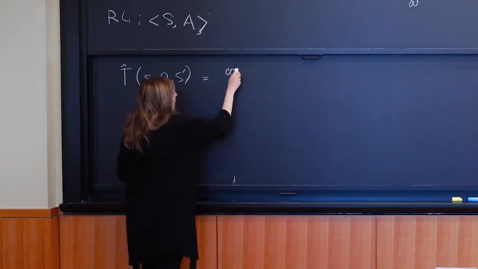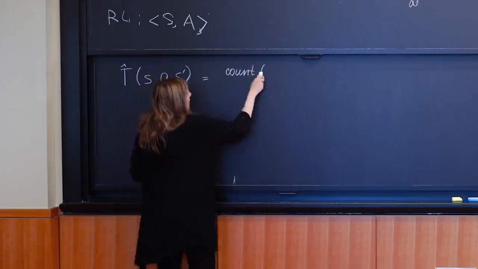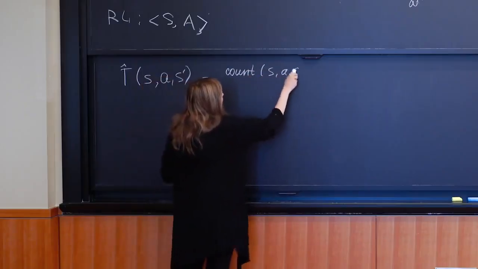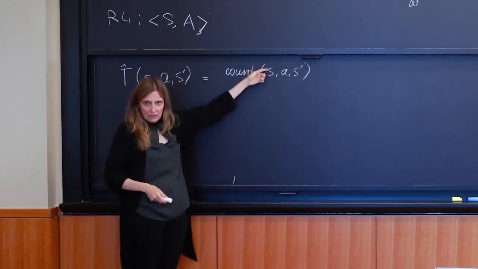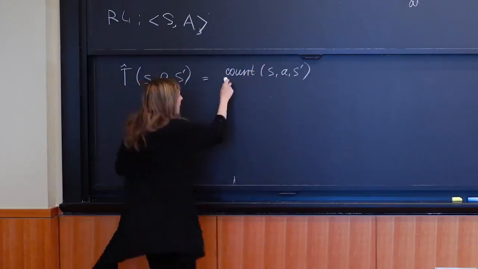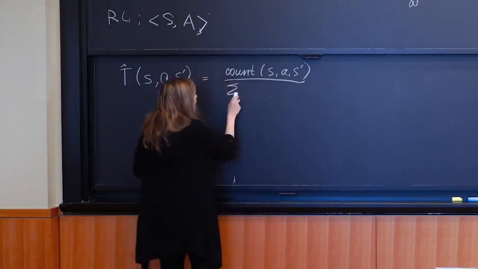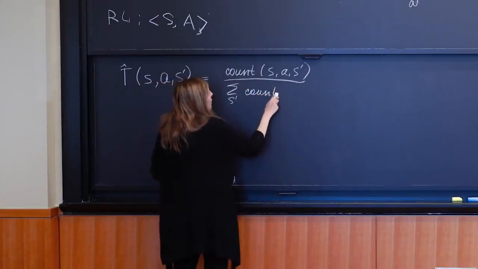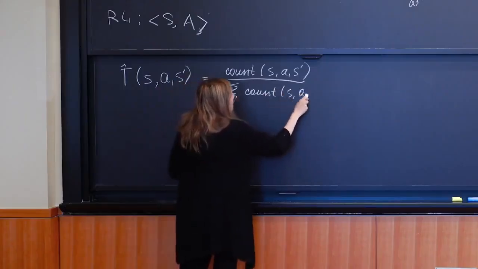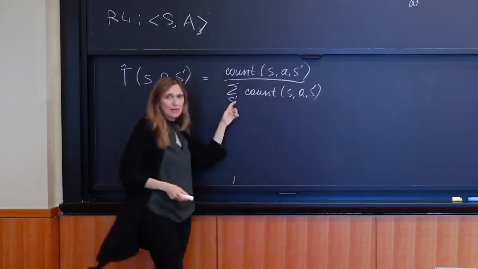So you are going to count how many times you actually end up going to the position S prime over all the other possible S primes when you started in S, took an action A, and ended up in some S prime.